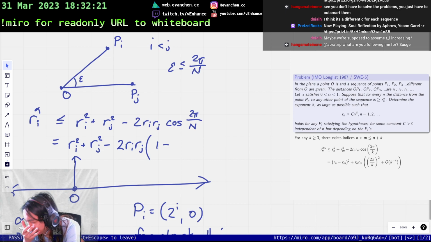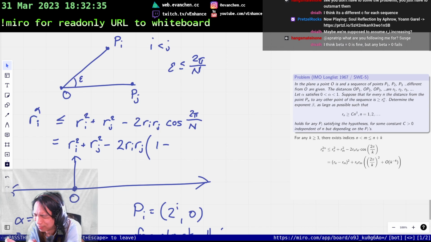Hang on, I'm really confused. For some constant C. So if I have a sequence of RIs that approaches the center, does that kill something? There's too many quantifiers.